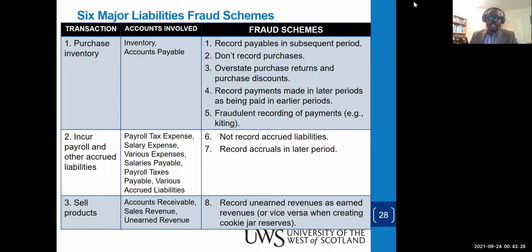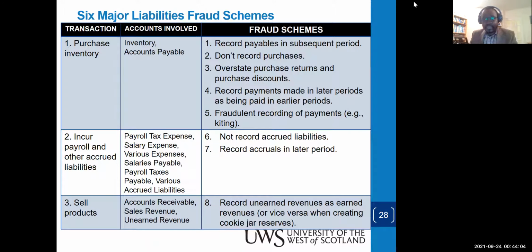These are six major liability fraud schemes. One, purchasing inventory. The accounts which could be affected are the inventory or stock account, and accounts payable. What fraud schemes will they normally use? They could record payables in a subsequent period, not in the same period, so that they cut down on the picture that they are owing people. They could also not report purchases. If you don't report purchases, what happens to cost of goods sold, to net sales, to your gross profit?